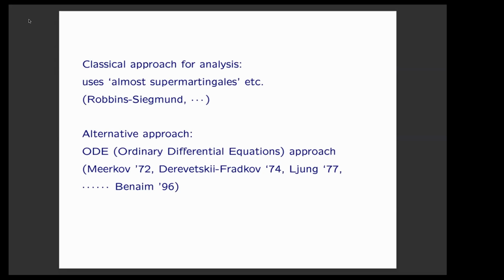But I will go for the ODE approach, for ordinary differential equation, which has roots in Russian research in the mid-70s, which was then developed significantly by Ljung, and then a lot of other developments. Finally, in 1996, Benaim gave a very general, clean treatment of the general scheme, with a characterization of a general attractor.